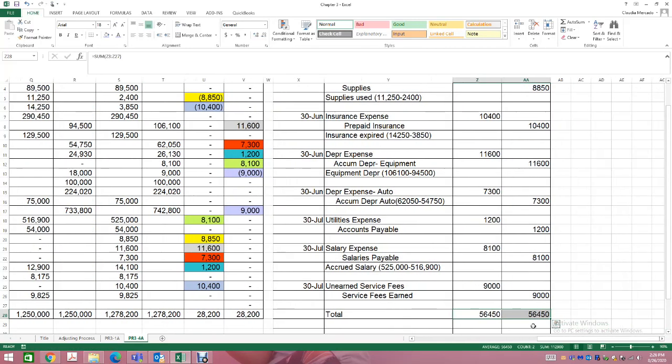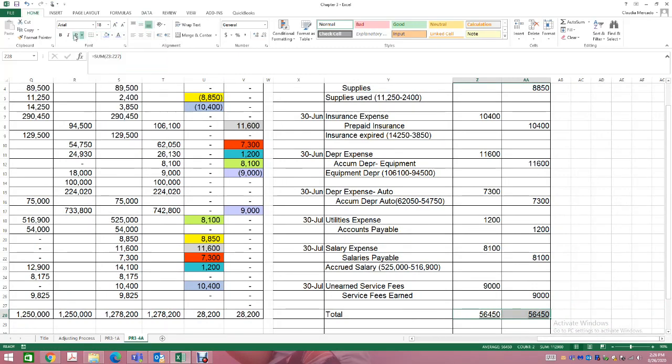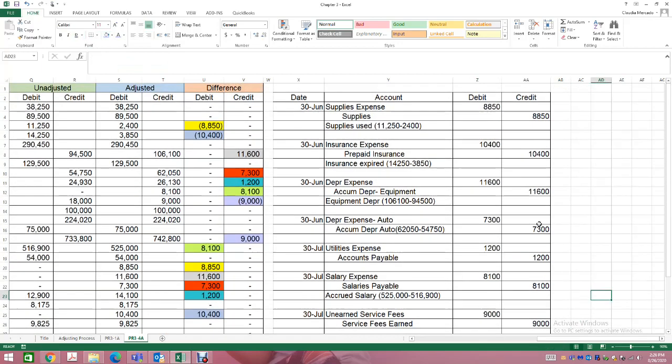And it does, $56,450. Let me just double line that. There we go. So my debits do equal my credits, and all of the adjusting entries have been recorded.